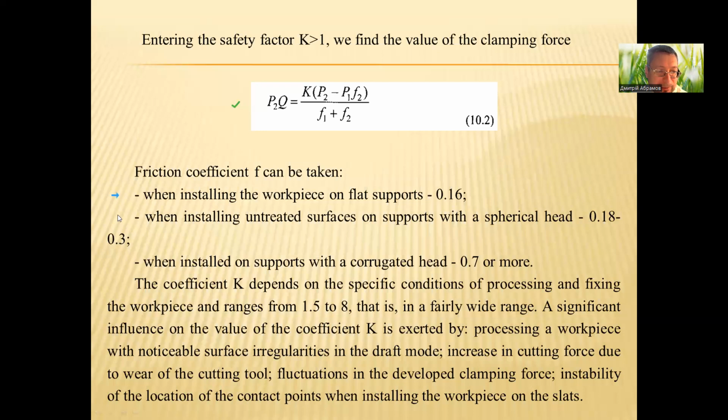When installing untreated surfaces on supports with a spherical head, 0.18 to 0.3. When installed on supports with a corrugated head, 0.7 or more.